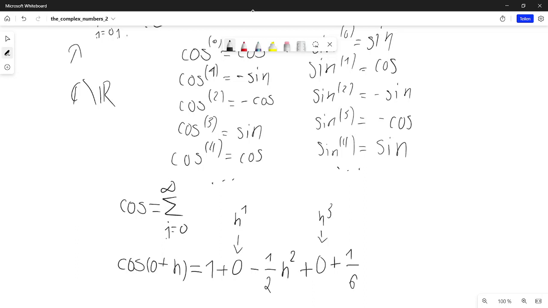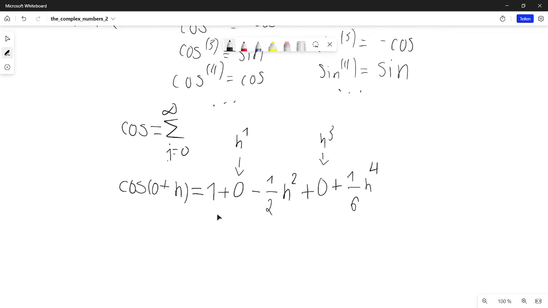Here we have just h to the 4. So we can probably see the pattern. Of course, it will repeat also in minuses and pluses, right?